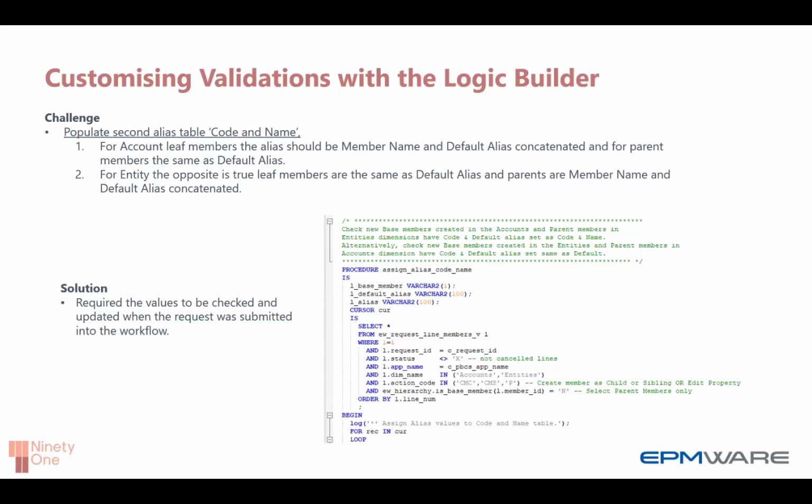So to derive the alias correctly, we created a second script that was triggered when the request was submitted into the workflow, and that then executed and checked for new members on account and entity, determined whether they were leaves or parents, and then again set the alias accordingly.